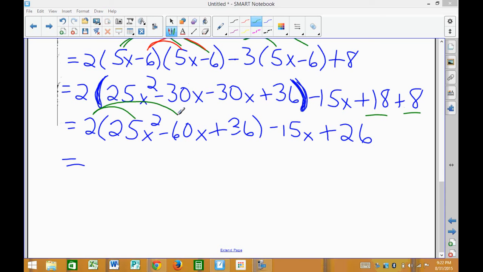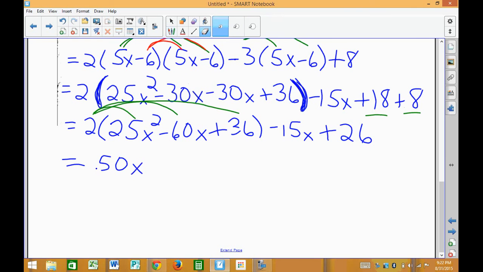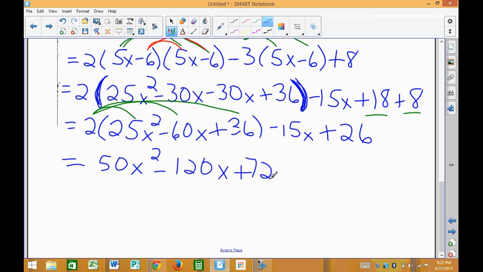So 50x squared minus 120x plus 72 minus 15x plus 26.